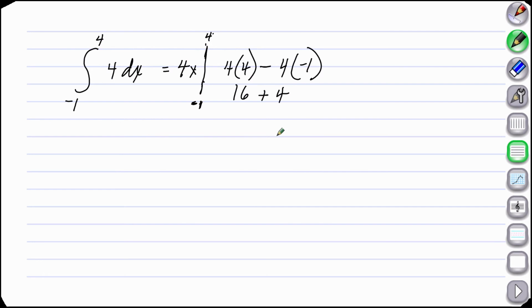And that comes out to be 20. So the area under that curve would be 20 units, whatever they are. And we can find the area without even drawing the curve itself. It would be 20 units. Well, you're saying, okay, what if it was like number 10, where they have actually, well, let's try number 9.